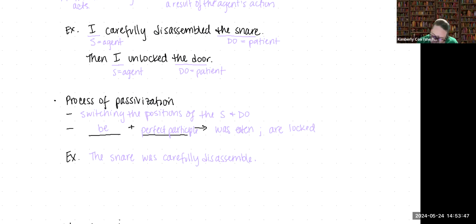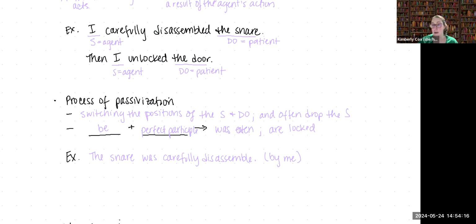If we wanted to, we could say by me and then end the sentence. But by moving the snare to the front, we're saying the direct object is the most important. So it's easy to drop the subject. And so I'll add here, we often drop the subject. Okay, so we have just made "I carefully disassembled the snare" into a passive construction.